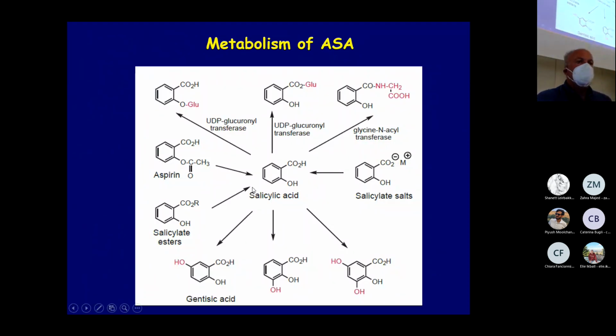Here you can see the different metabolites of aspirin. You see aspirin is here. Hydrolysis of the ester group, we have salicylic acid. Conjugation with the glucuronic acid, you see in particular on the OH in ortho position. Conjugation with the glycine.